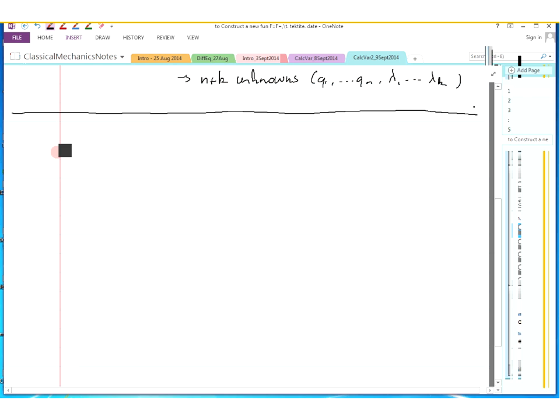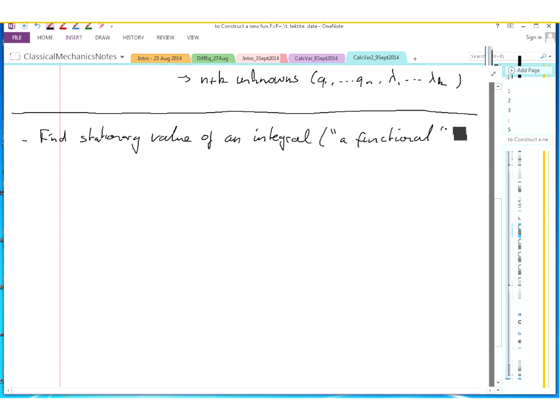So the true subject of variational calculus is finding the stationary values of an integral. Mathematicians call this a functional, which is mathematician's jargon.